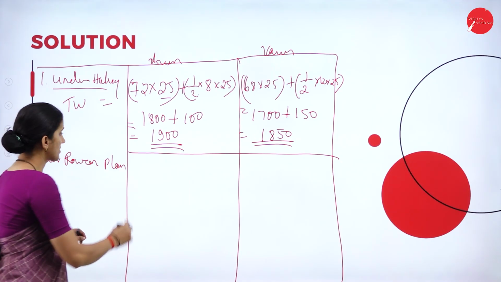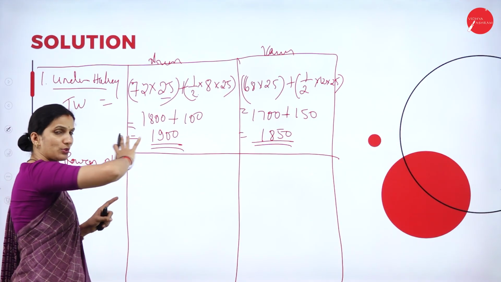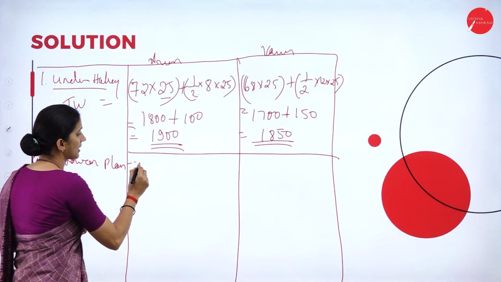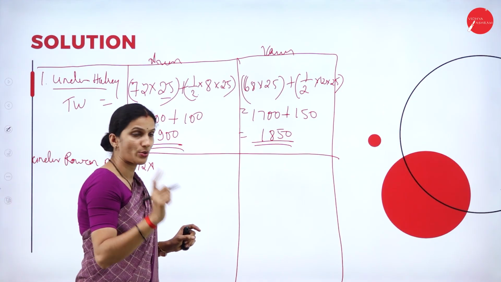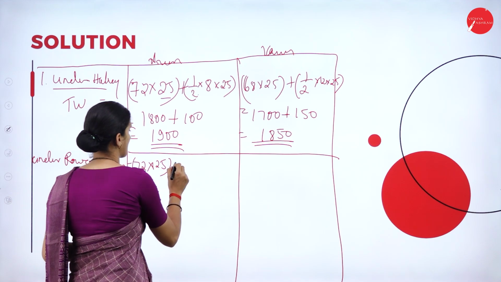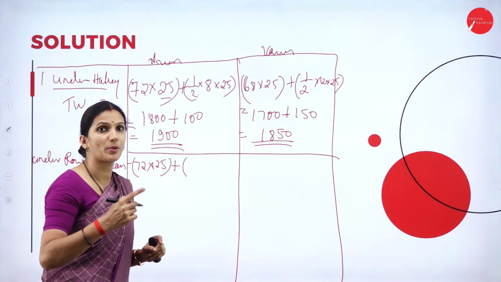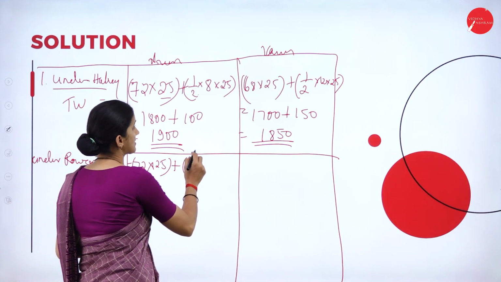Rowan's plan. So what is the formula here, Rowan's plan? First you will take the hours worked. So hours worked is 72 hours, into rate per hour, which is 25. Plus the bonus, which you calculate based on the proportion of hours saved.